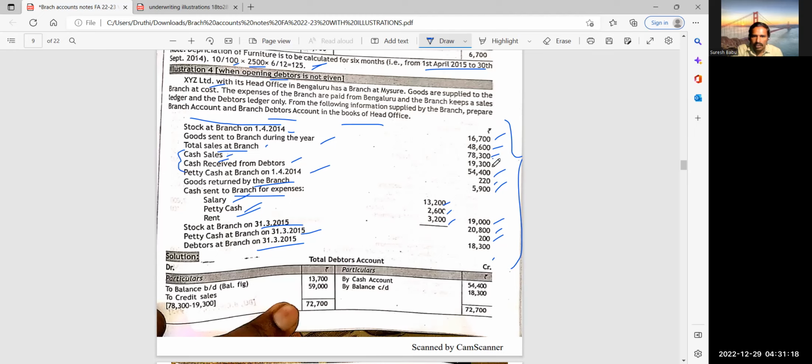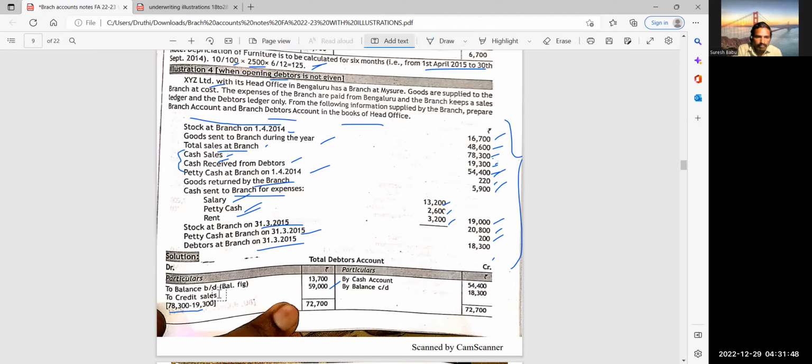Cash sales is given, and cash received from debtors is 54,400. So total sales minus cash sales gives credit sales, which is the hidden item.